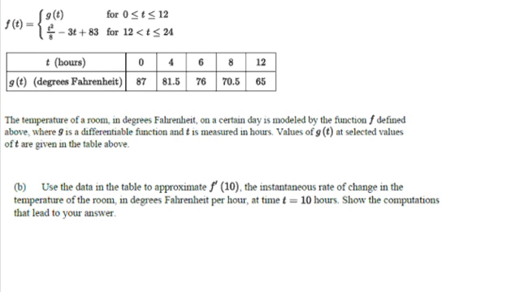All right, for part B, say we want to approximate f prime of 10. We want to approximate the instantaneous rate of change of the temperature in the room at 10 hours. So what we want to do here is use the fact that the word approximate is our key word.